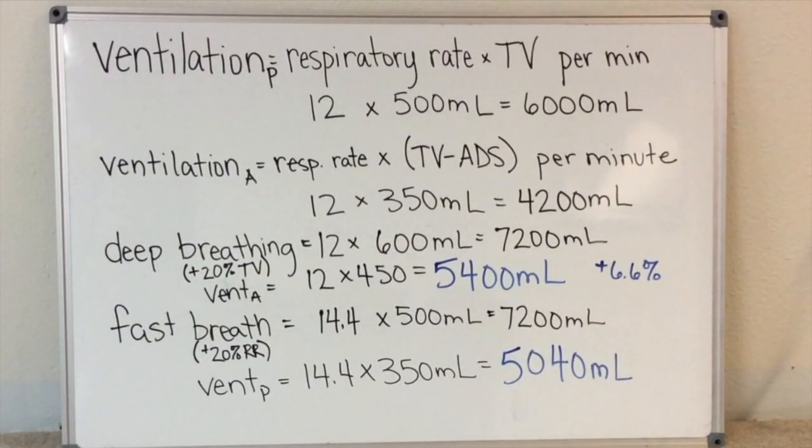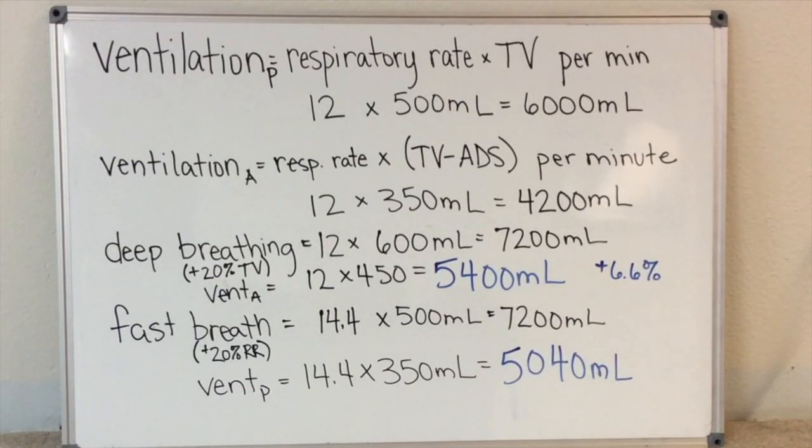Simply by increasing tidal volume by 20%, we are able to exchange 5.4 milliliters of air during deep breathing. Compared to fast breathing, where we increased respiratory rate again by 20%, we see that alveolar ventilation decreased compared to deep breathing ventilation to 5,040 milliliters.